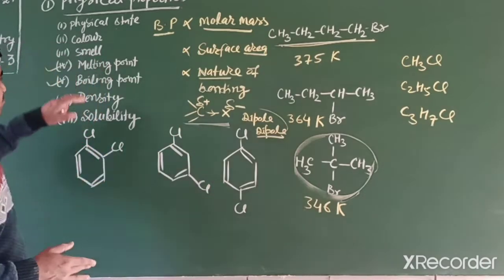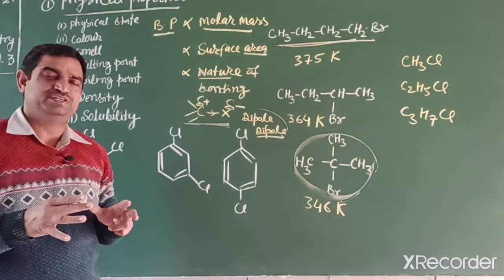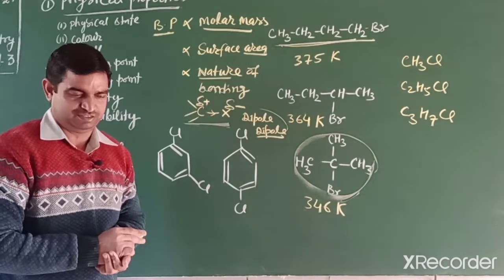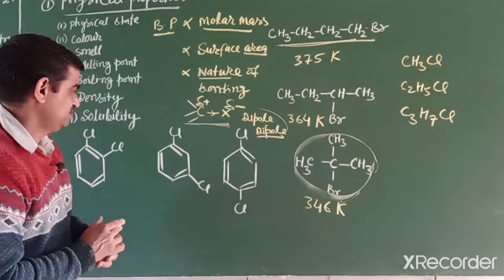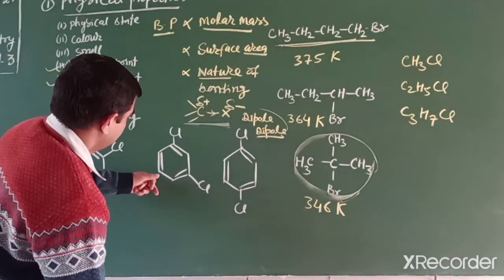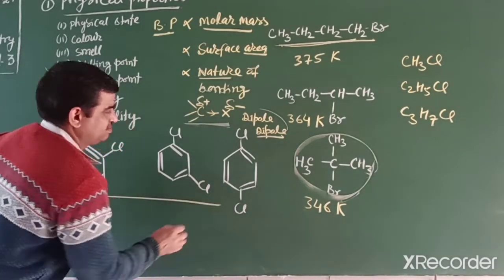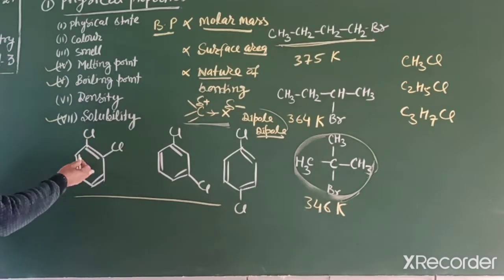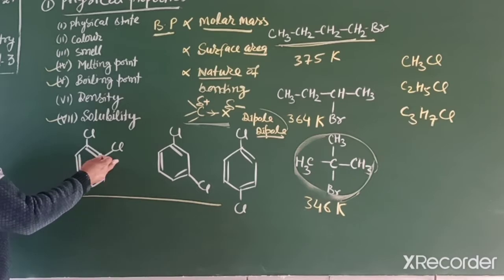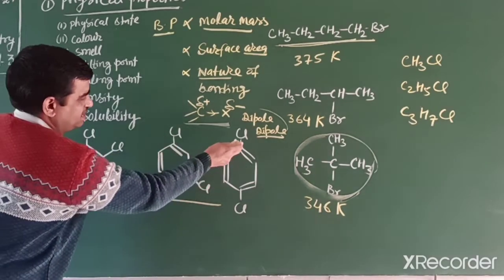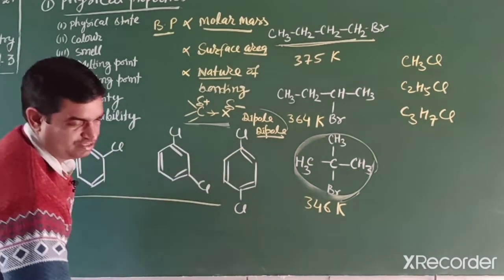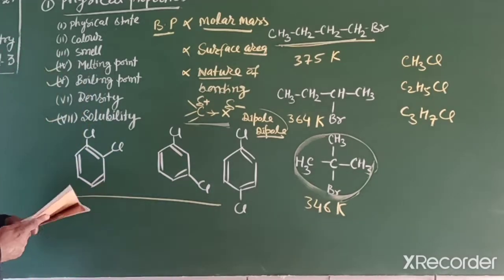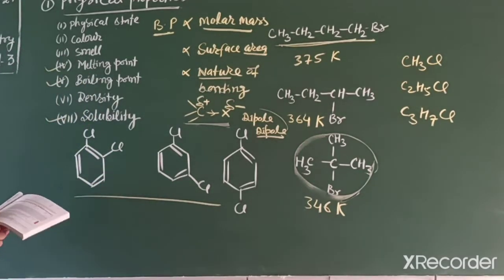Another example, melting point. Melting point depends on packing efficiency. We can observe an example of this in dihalo compounds, that is dichlorobenzene: ortho-dichlorobenzene, meta-dichlorobenzene and para-dichlorobenzene. These melting and boiling points are given in your book.